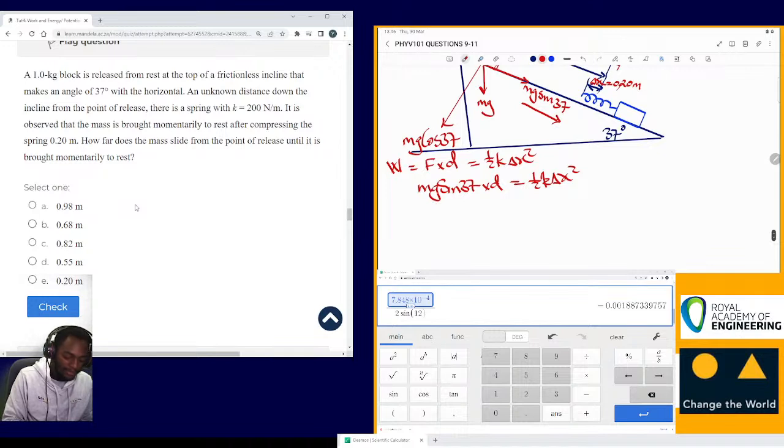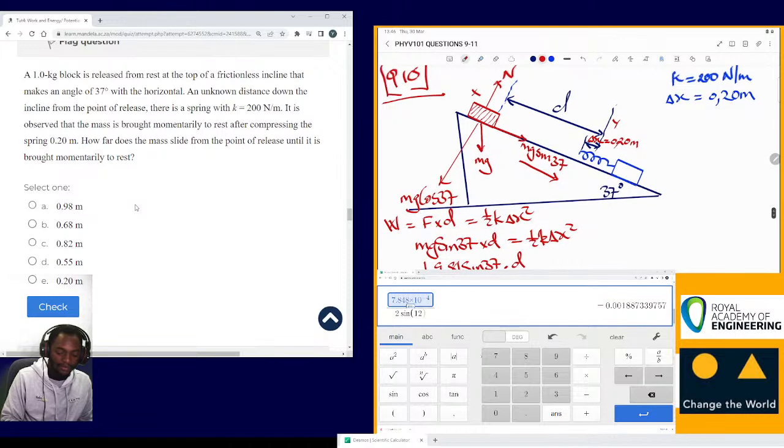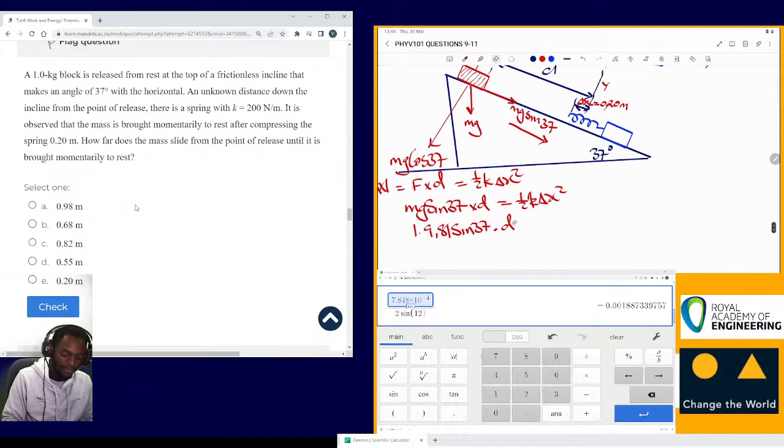And our mass is 1 kg, so 1 times 9.81 sine 37 times the unknown distance d, which is going to be traveled from point X to point Y. Actually my point X should be here, but it doesn't matter. If you assume it to be a point mass, it's easier. Half k is 200 times delta x, the compression.